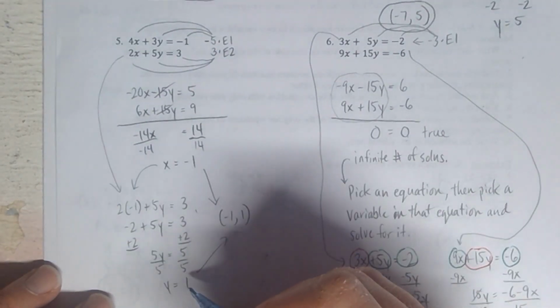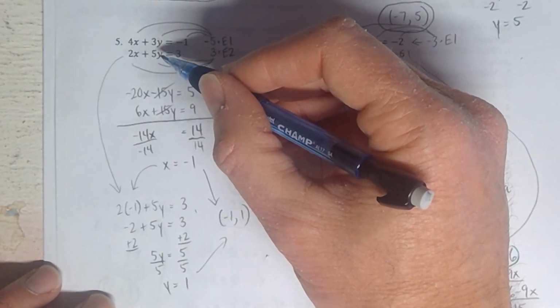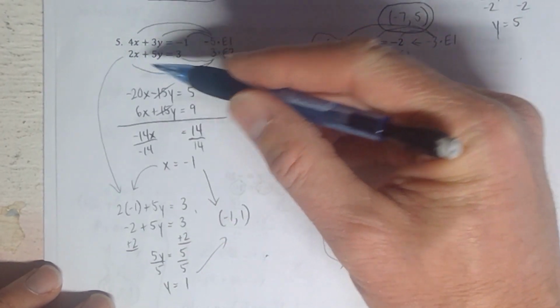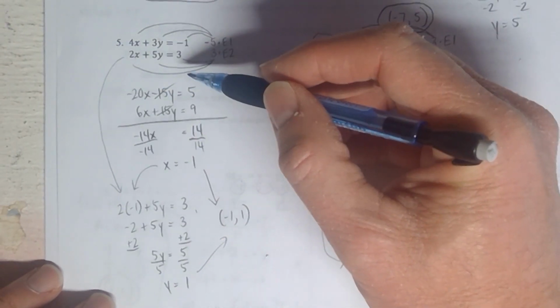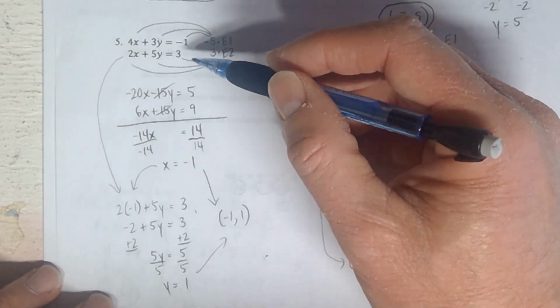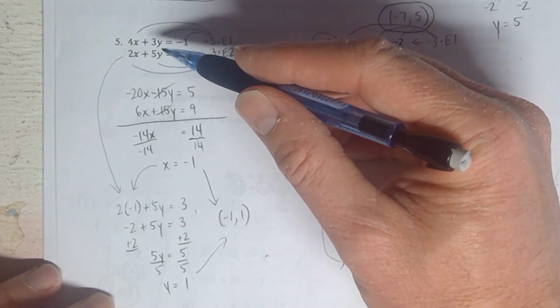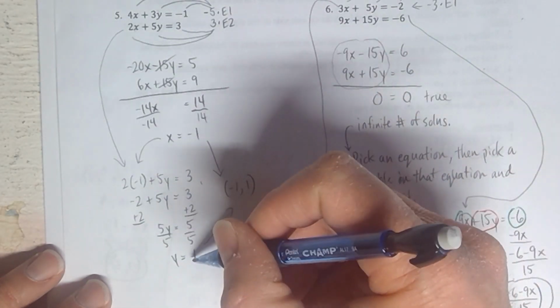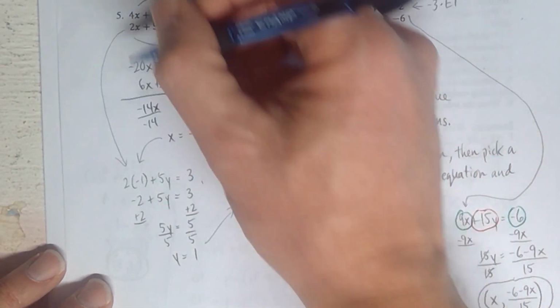So let's say I solve for y first, all right, and I plugged it in. Remember, after you solve for one variable, you have to plug it into any equation that has both variables in it, doesn't matter if you're doing substitution or elimination, for the purpose of figuring out what the other variable is then equal to. So let's just pretend like we solved for y first. I want to show you something here.